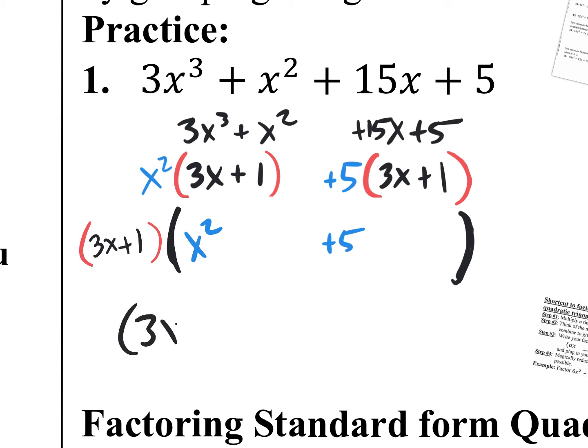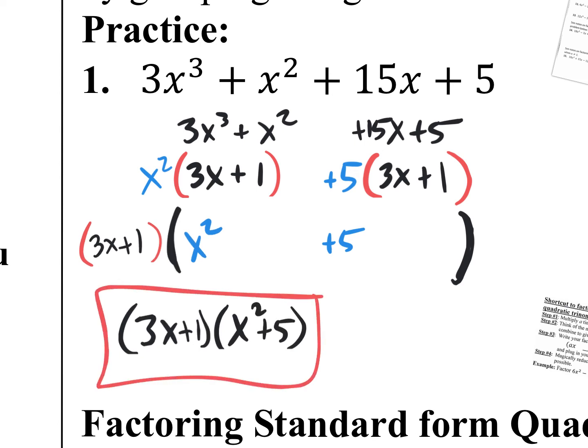Here it is, 3x plus 1 times x squared plus 5. This is your factored form of the original polynomial. If you did distribute and combine like terms, you'd end up with these 4 terms up here. Pretty cool, huh? Factoring by grouping.